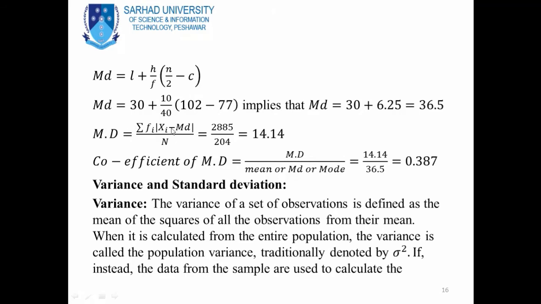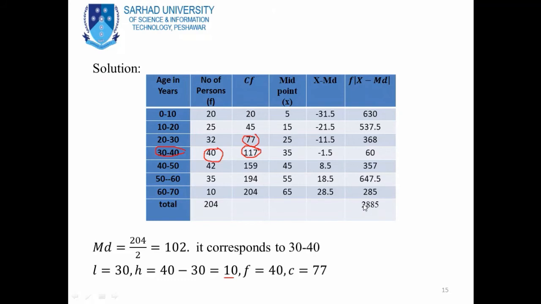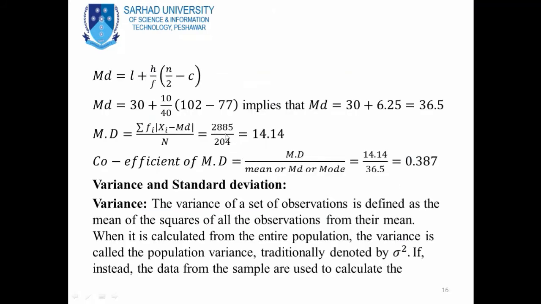So 2885 divided by 204 is 14.14. Now the coefficient of mean deviation is the mean deviation divided by the median. The median is 36.5 and the mean deviation is 14.14, which gives 0.387.